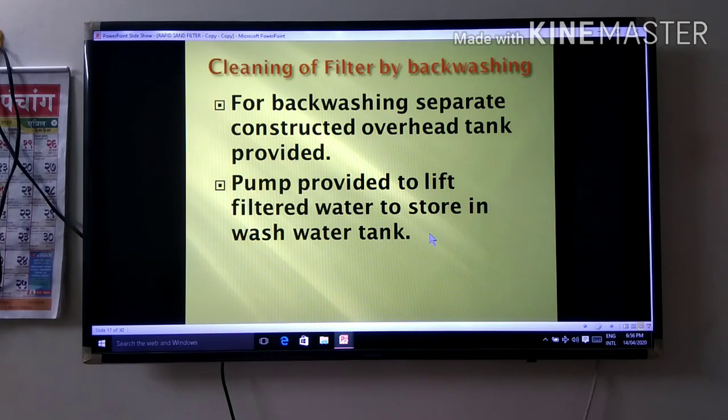The pump is not only providing the pressure and the water to the overhead tank, but also the air compressing unit is important. Both are very important.